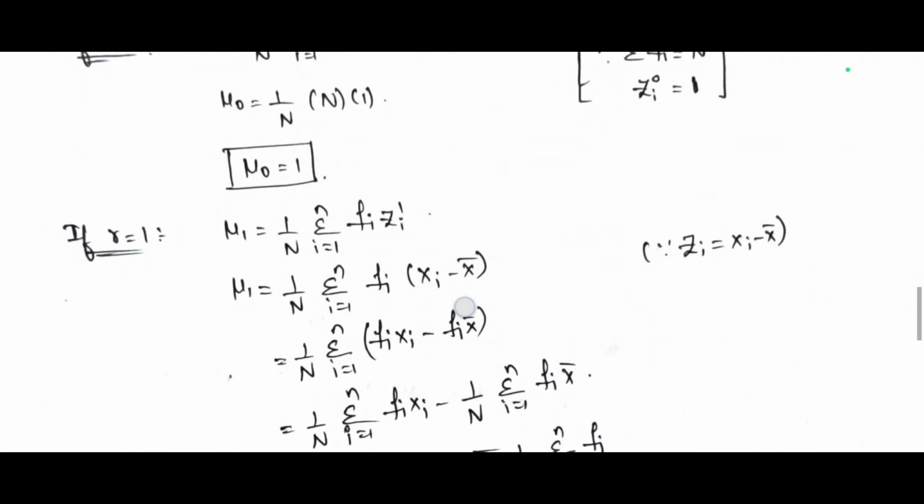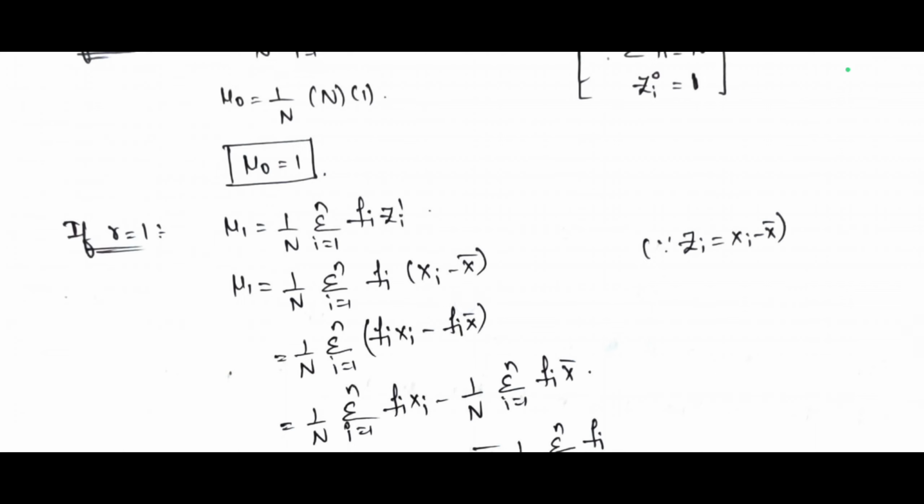Similarly, if r equals 1, mu 1 is equal to 1 divided by capital N summation fi into zi. What is the zi value here? That is xi minus x bar. So 1 divided by capital N summation i runs from 1 to n fi into (xi minus x bar).